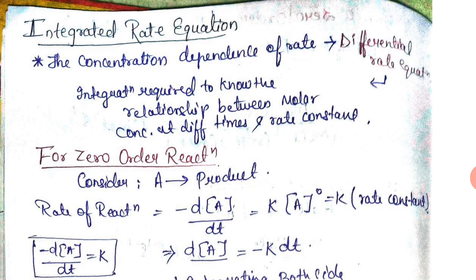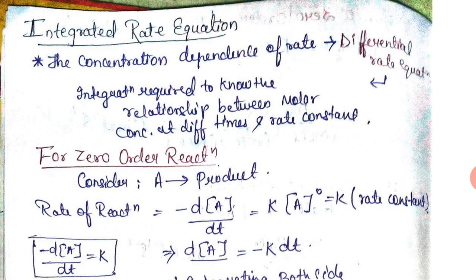See, there are very problematic things occurring when we are just looking at the graph of concentration and time and identifying the rate, which is not at all simple. So by integrating the rate equation, we can know the relationship between molar concentration at different times and the rate constant.